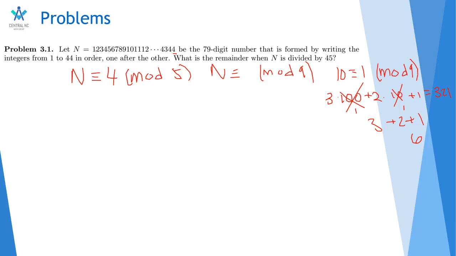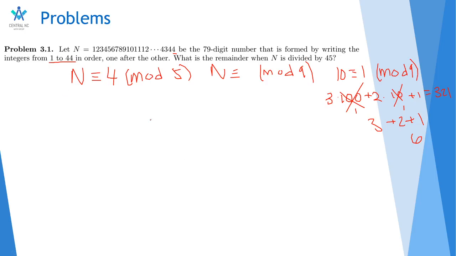So we're going to use that here. And so we want to calculate the sum of all these digits. But how do we do that? Well, note that the integers are 1 to 44 in order. And we know that we have some two-digit numbers, but those two-digit numbers are congruent to the sum of their digits in modulo 9.